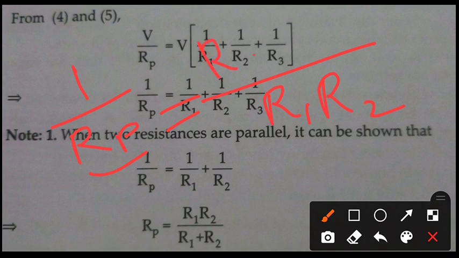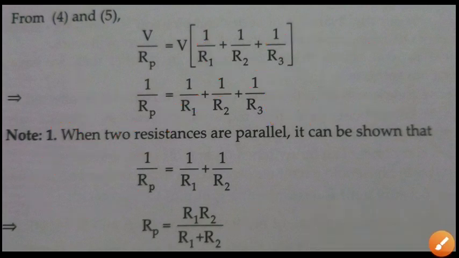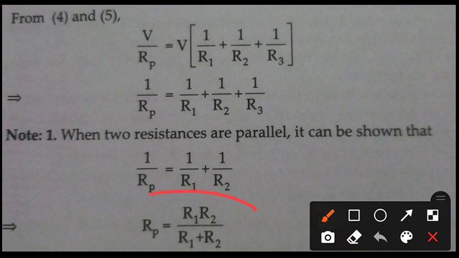When you take the inverse, R1 R2 will become the numerator, and R1 plus R2 will be the denominator, so Rp equals R1 R2 upon R1 plus R2. In this way you can directly apply this formula if there are two resistors connected in parallel.